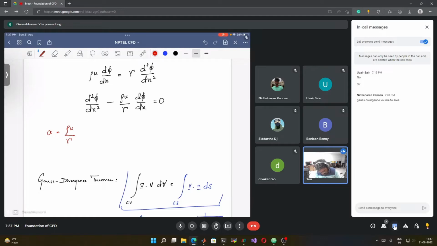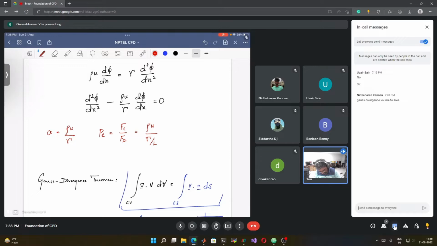We know what the Peclet number is; you must have gone through the lectures. Peclet number is nothing but convection flux by diffusion flux, or convection by diffusion, however you say. So it is going to be rho u by gamma times L, length.